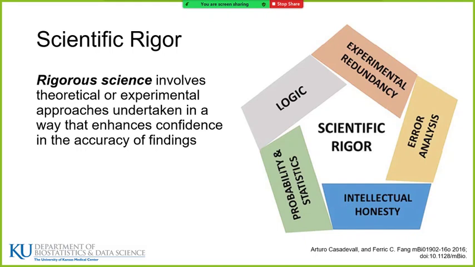Experimental redundancy just means that we prefer to replicate a finding in an independent study before we really truly trust the finding. Logic, probability, and statistics. We're going to focus mainly on the probability and statistics pieces, but we'll also touch a little bit on questionable research practices, which can get into a little bit of logic fallacy and intellectual honesty.